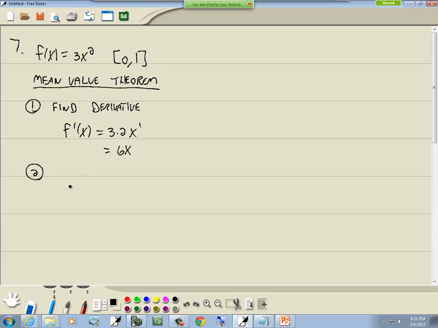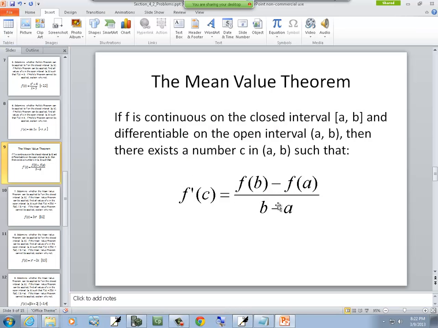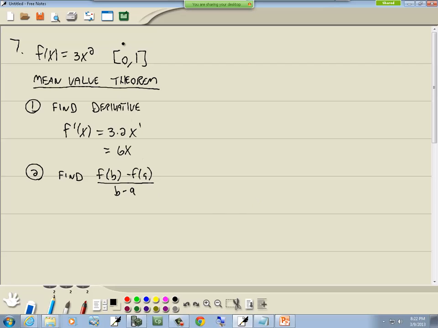Step 2, find f of b minus f of a over b minus a. That's the right-hand side of this formula. Well, our interval here, this is a and this is b. So let's first find f of b. F of b is equal to f of 1. And we put that in the original function. So we've got 3 times 1 squared. 1 squared is 1 times 3 is 3.